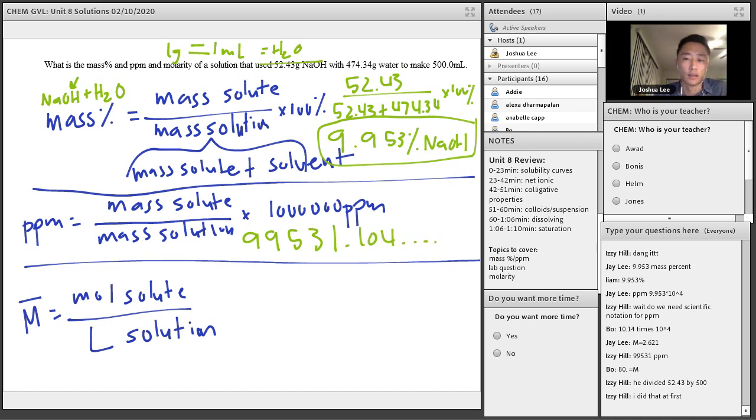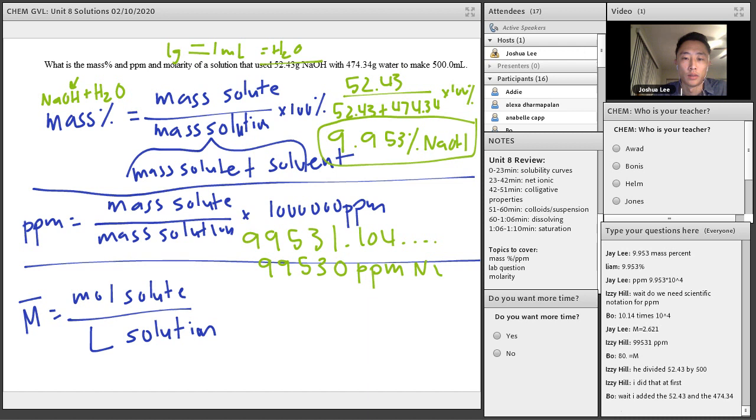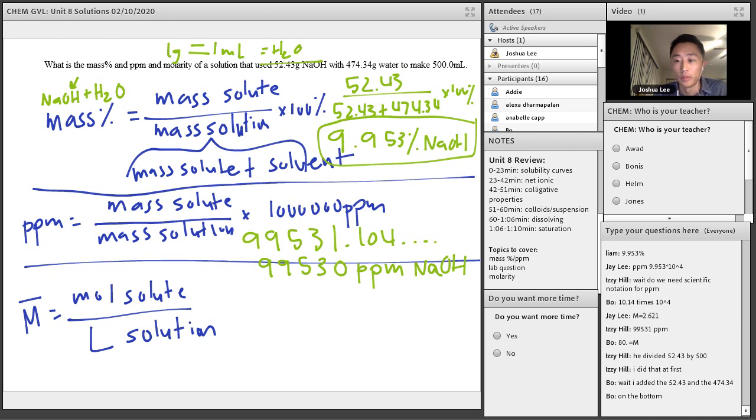In this case, I guess it's easier to not do scientific. You get 99530 ppm NaOH. If you added the 52.43 and 474.34, maybe you added it up wrong? Because if you added it, then you're on the right track. You might have just added some numbers incorrectly.